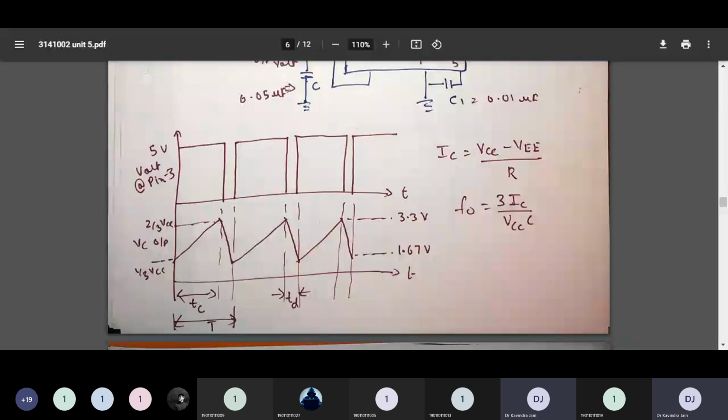In some of the ALAs and mini projects that I have given to you, I have told you to draw the 555 timer as a monostable circuit and as an astable circuit. So you need to understand how it is being done and why it is being done. The instructions for those topics are already given to you. You need to upload the PPT on MS Teams.